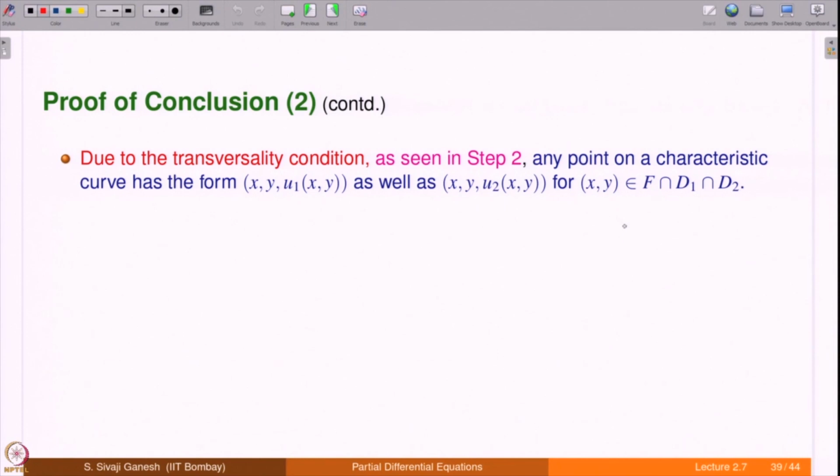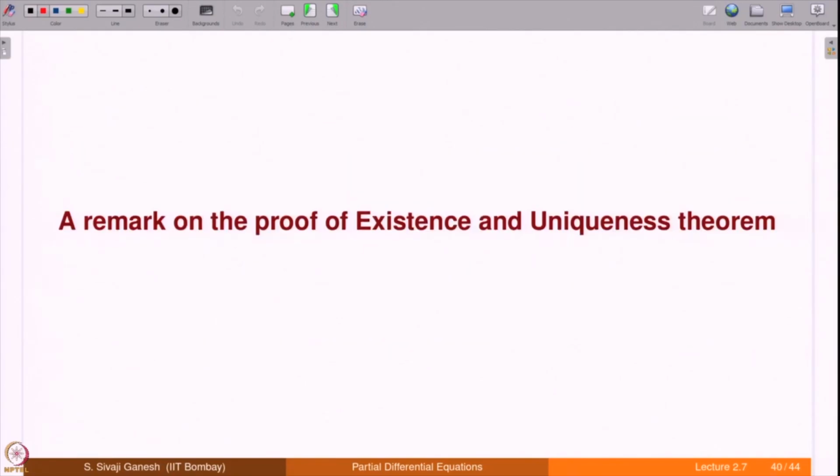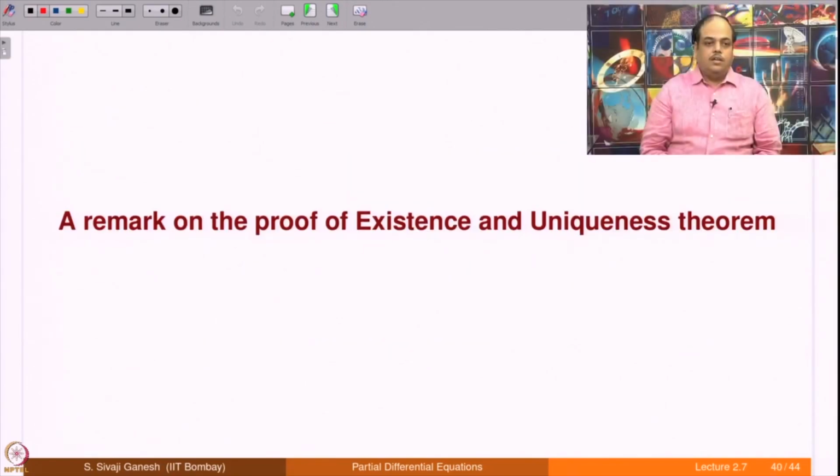F, you remember, is the domain of definition for psi. This proves that S1 coincides with S2 in a neighborhood of P0. Hence, u1 is identically equal to u2 on some neighborhood of (x0, y0). This proves uniqueness.